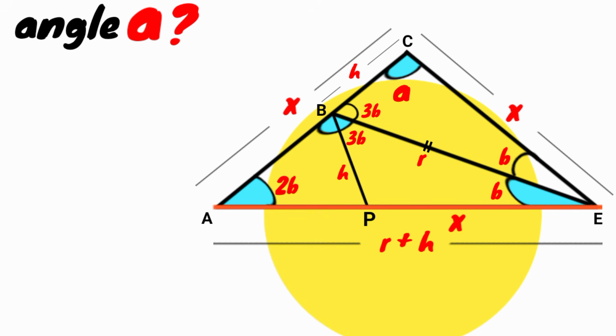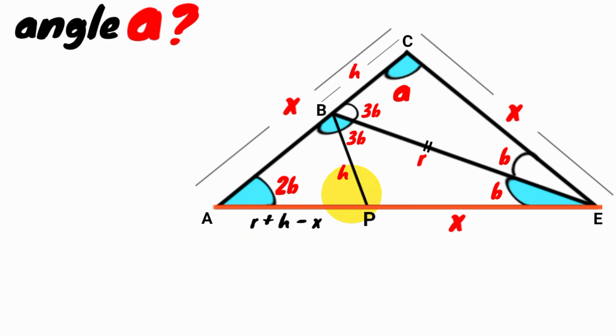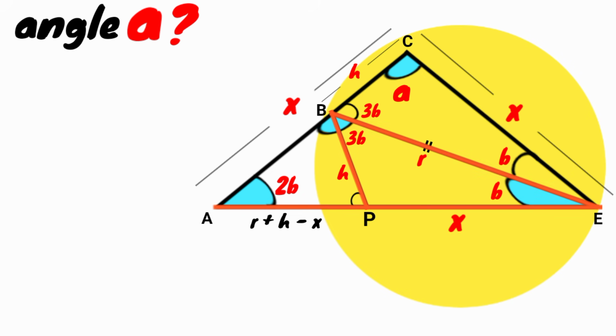Line AE as a whole, its length is R plus H, but this part of it is x, therefore this must be R plus H minus x. Now take a look at this angle APB. It is an exterior angle of this triangle, so it will be equal to the summation of this angle 3B and this B. So it is 3B plus B, which is 4B.